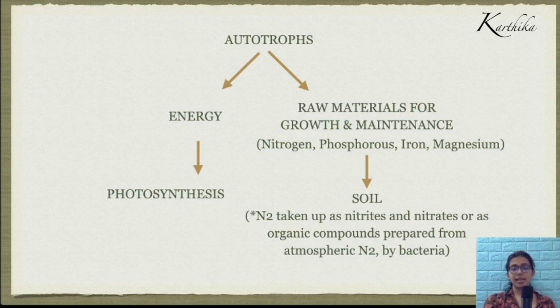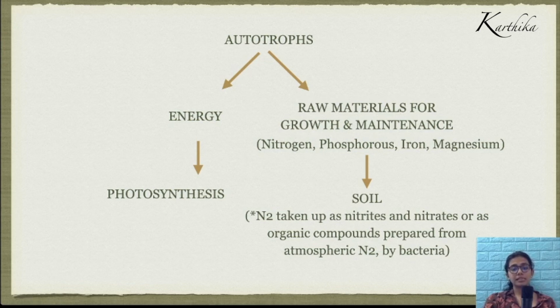The energy and the carbohydrates are provided by photosynthesis, and the raw materials needed for growth and maintenance are provided by the soil. Okay, and especially the case of nitrogen is very important because you'll be learning about it in coming chapters, coming classes, and it is very interesting. That is because different plants have different ways of taking in nitrogen, which is very important for plants.